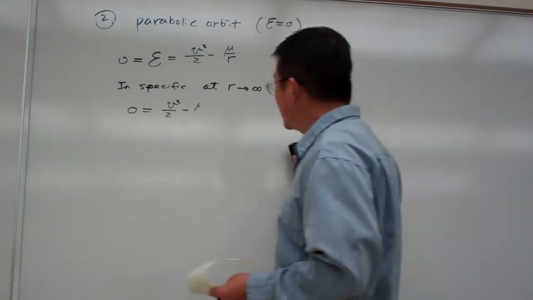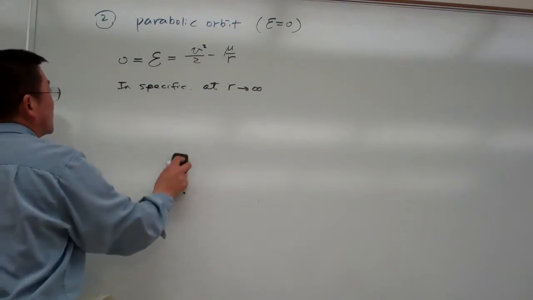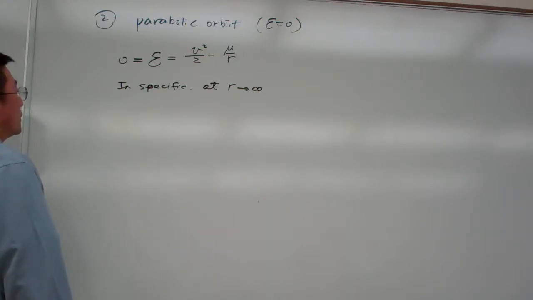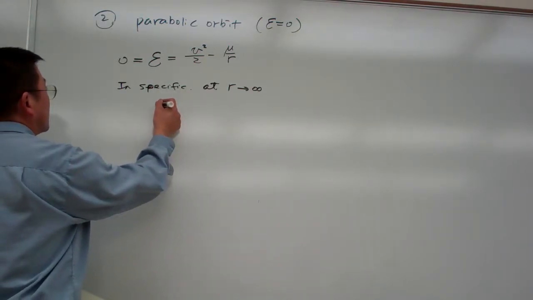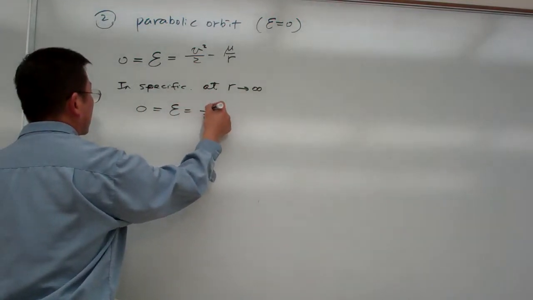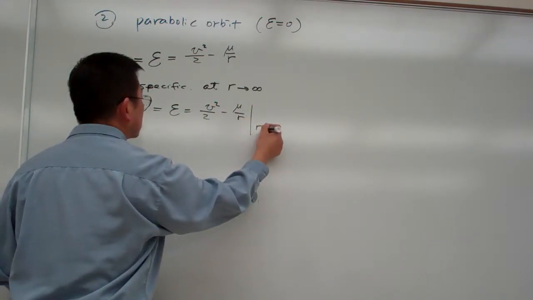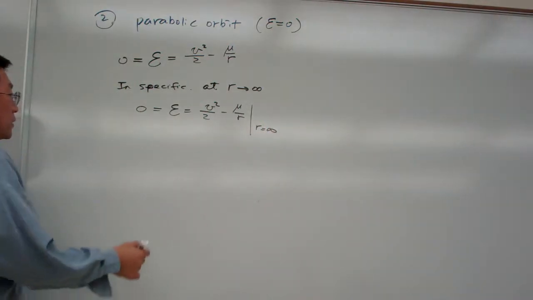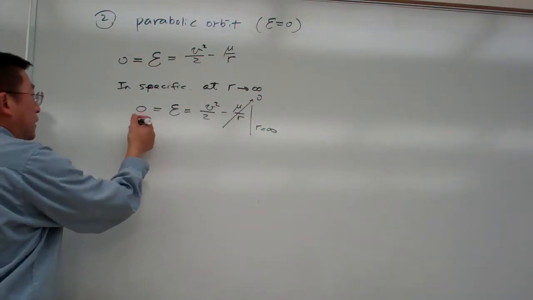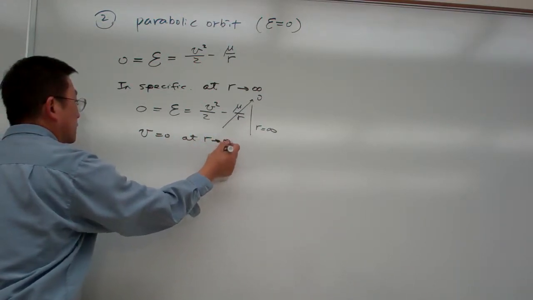Sorry, let me repeat. Okay, so from here, basically this term will be gone. Therefore there you can see v equal to 0 at r approaching infinity.